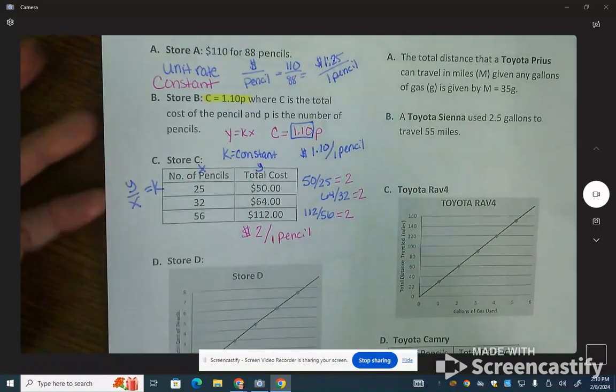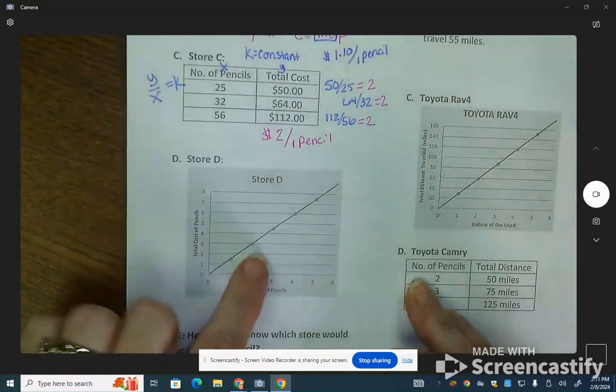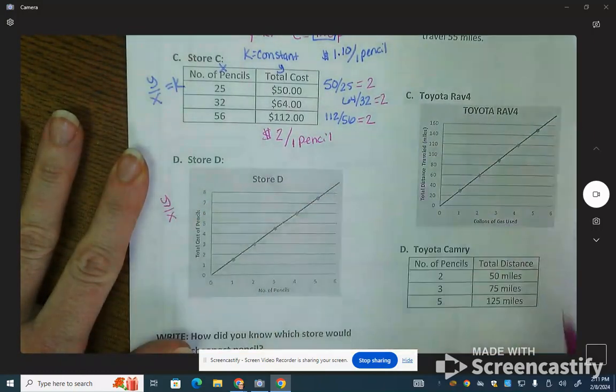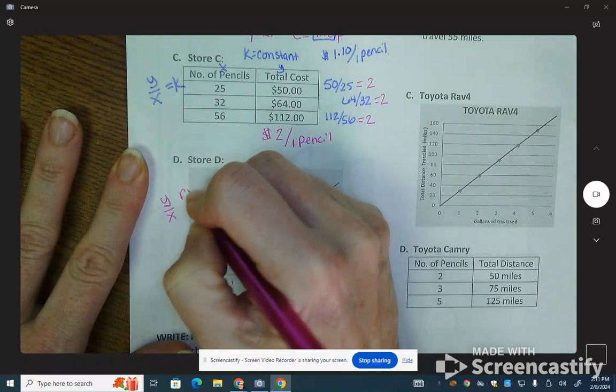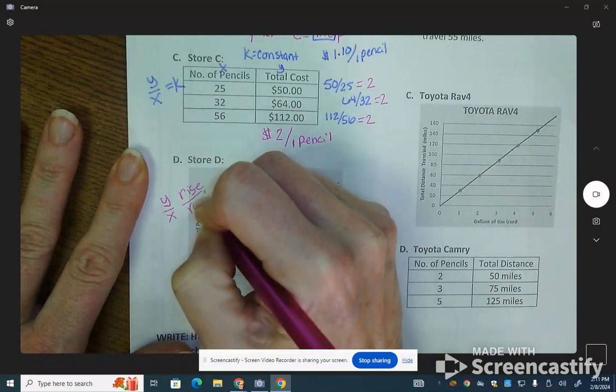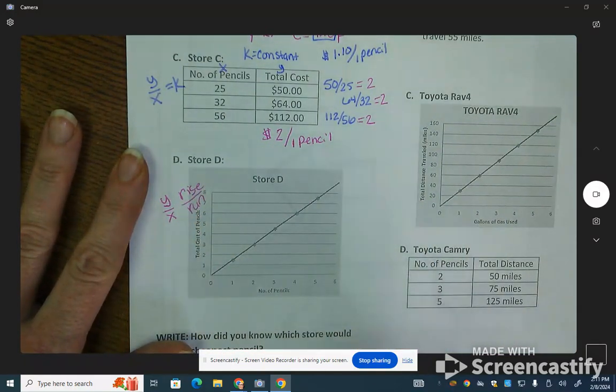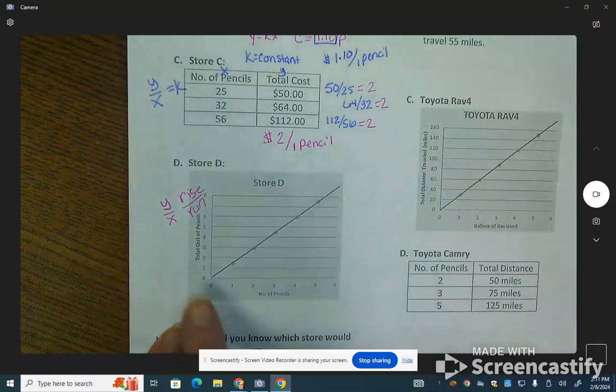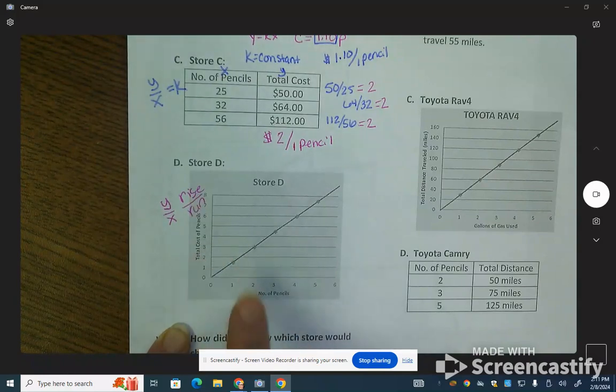Now, last but not least, we have our graph. And when you do graph, you are still doing y over x, which you guys learned is rise over run. How tall we go over to how far we run side to side. Now I'm going to show you quickly the 2 intersections. So this graph right now that has pencils, the cost of pencils, and the number of pencils are listed.